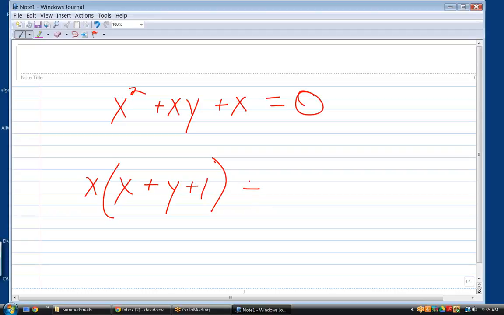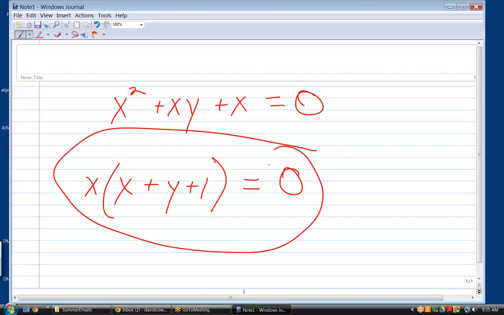If I say this is equal to 0, I can solve it. One of the most fundamental rules of algebra is that if you have multiple things multiplied together, 2 or more, and they're multiplied to 0, then one of them has to be 0.